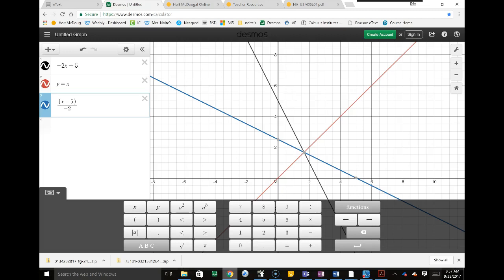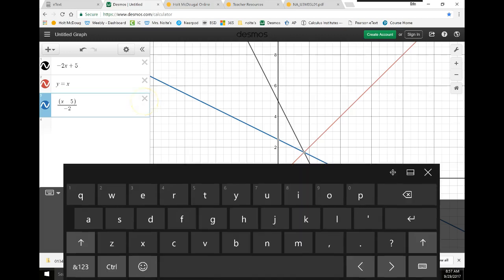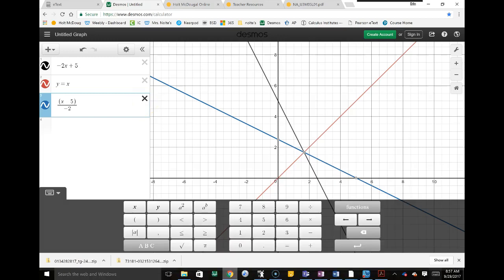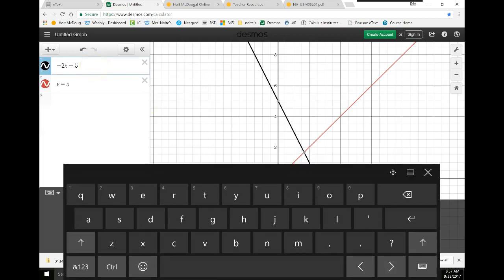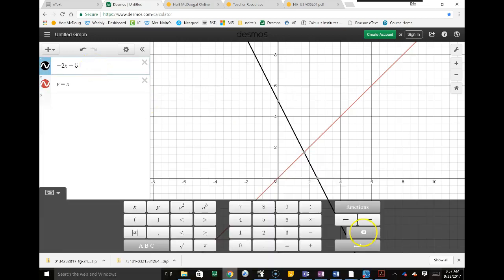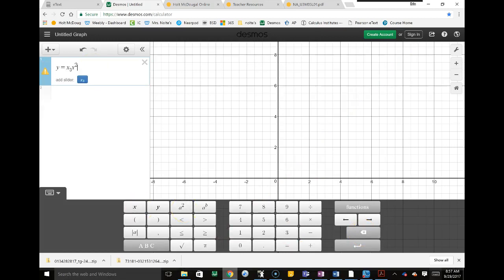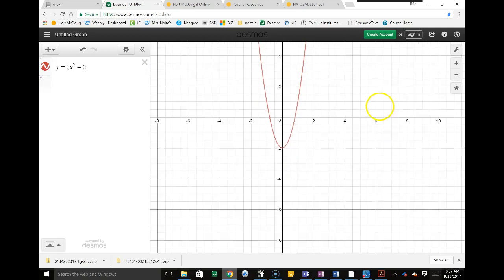All right, let's talk about the quadratic piece. Okay, let's go back into, what did I say? 3x squared. Oh gosh, that's not right at all. 3x squared. What did I say? Minus 2 or plus? Minus 2? Okay.